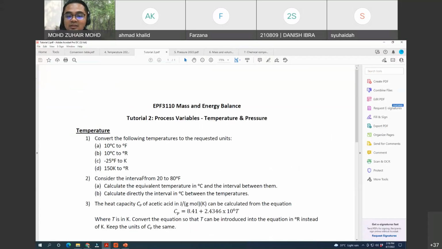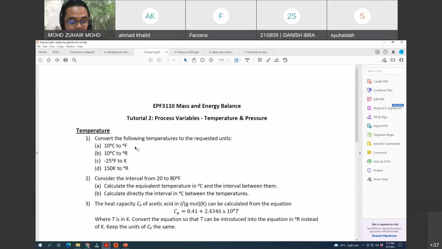Okay, so let's start with the first part, which is temperature. The first question asks you to convert the following temperatures to the requested unit. We have four parts, A, B, C, D. We want to change the temperature. So may I know whether this question is related to temperature degree or temperature difference?